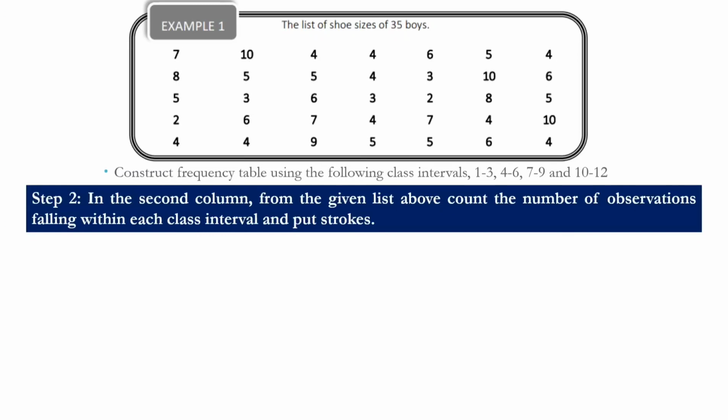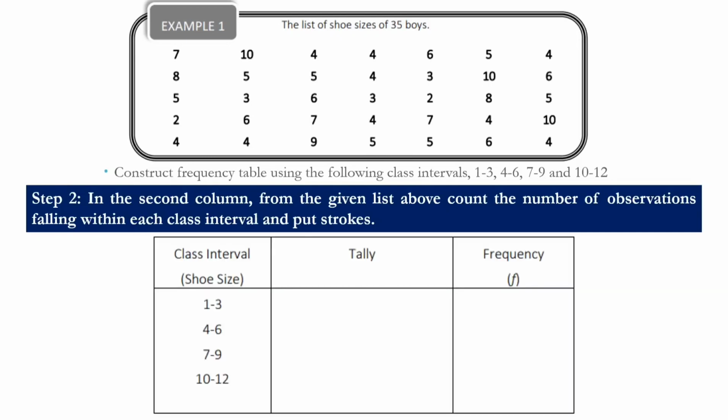For step 2, in the second column from the given list above, we count the number of observations falling within each class interval and put strokes. Here is our table. So our first column is complete with the class intervals on it. So 1 to 3, 4 to 6, 7 to 9, and 10 to 12. All we have to do now is to tally.